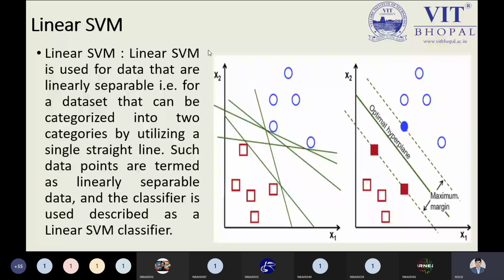But can anyone tell me how to calculate the distance between the two different support vectors? We can easily determine that, since we have the equation.